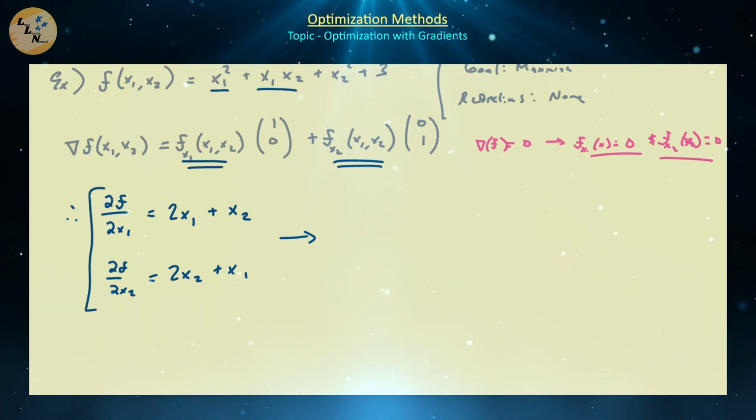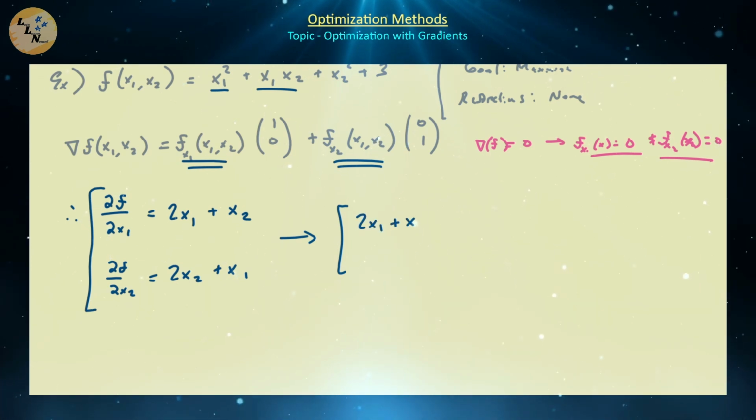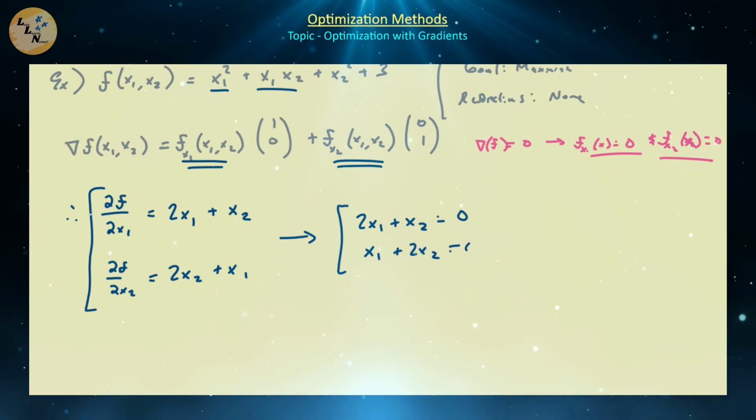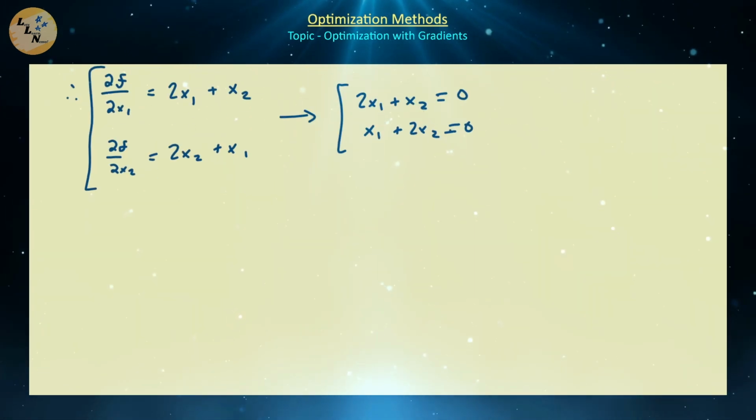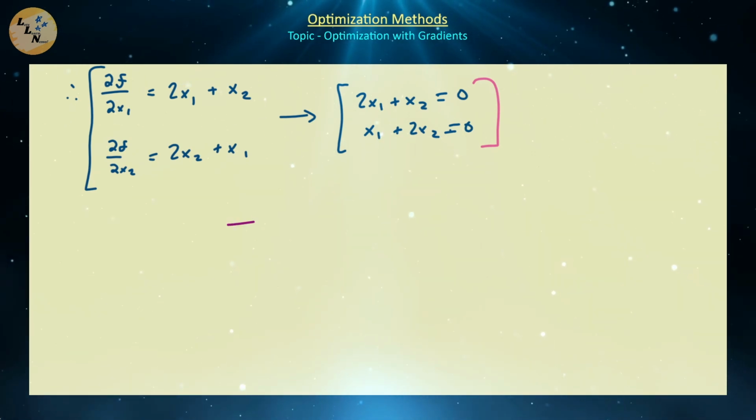So if we solve these equations set equal to 0, we have the system 2x1 plus x2 equals 0, and x1 plus 2x2 equals 0 as well. Now keep in mind this system usually is not going to be a system of linear equations. By chance, we just happen to have a very nice system, so we can use just basic linear algebra to solve this.